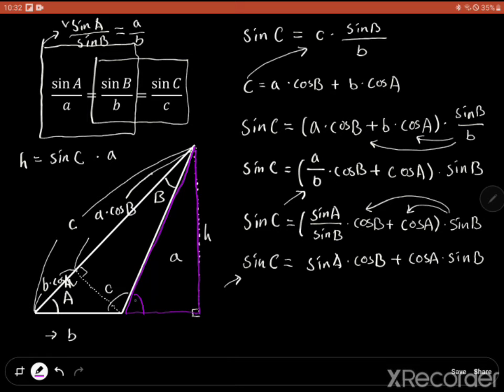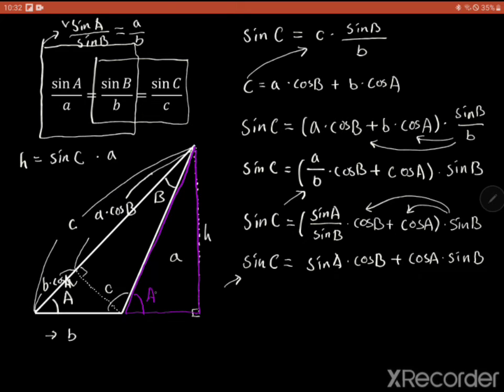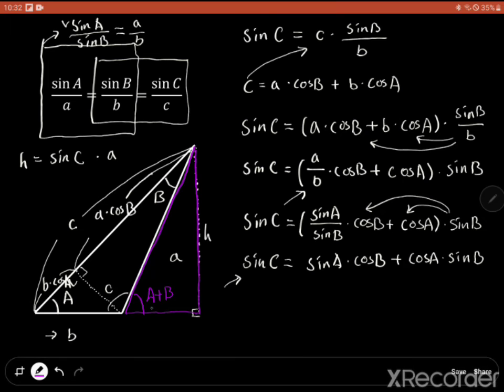Yes, this one is the angle a plus b, because in the triangle, the complement should be the other angle of these two. So this one is angle a plus b, and we want to find the height.